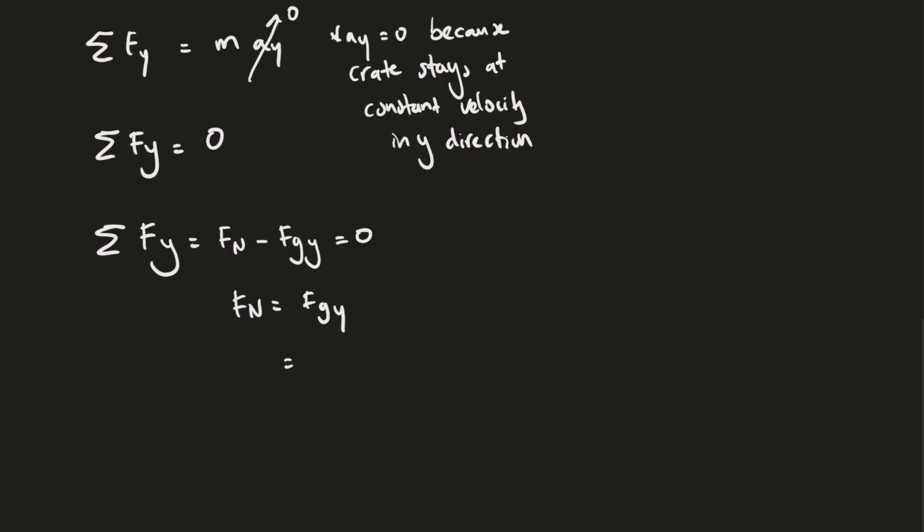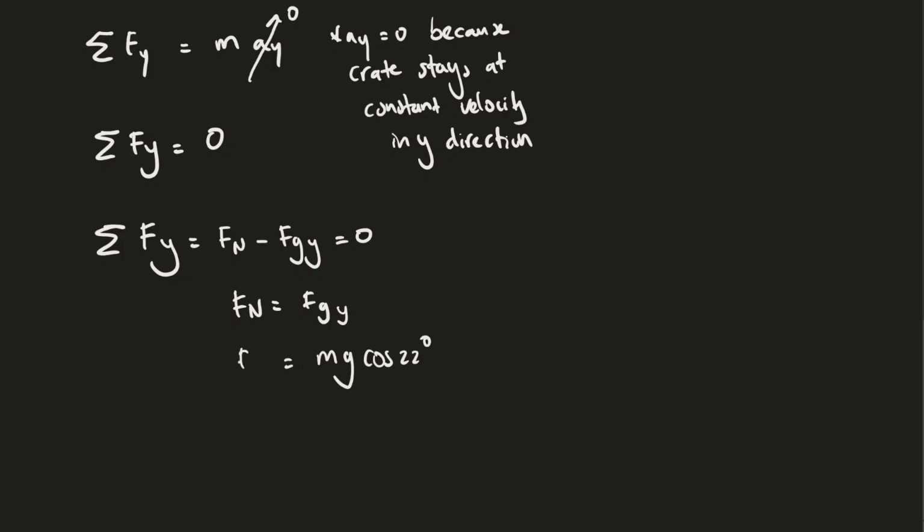Fgy here is then equal to mg, because the force of gravity is mg. But then we're taking a look at the y component, so that is cos of theta, which is 22 degrees.